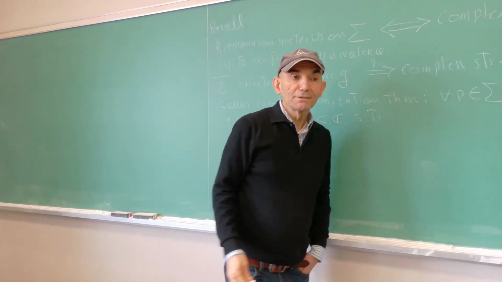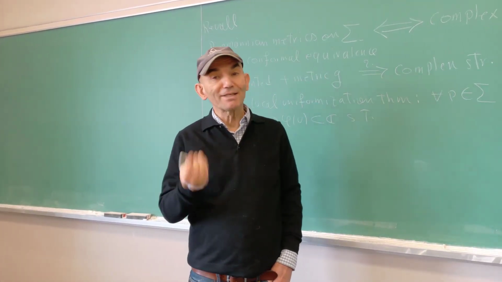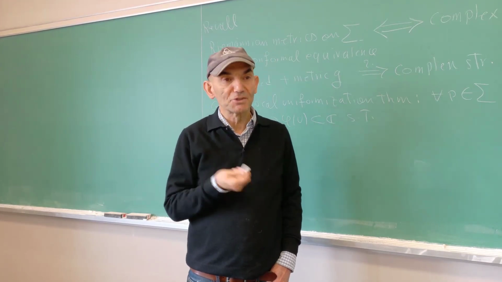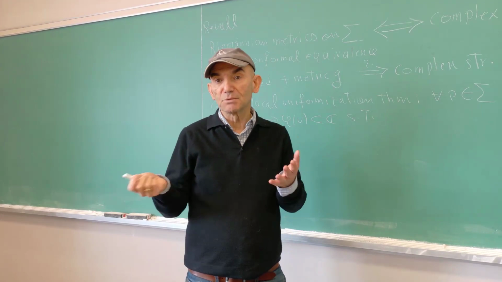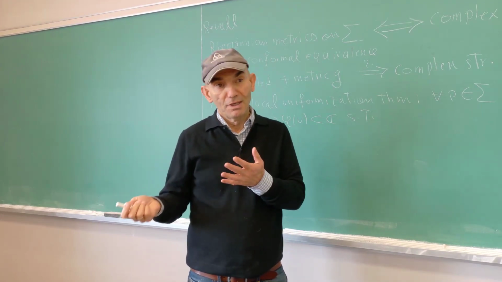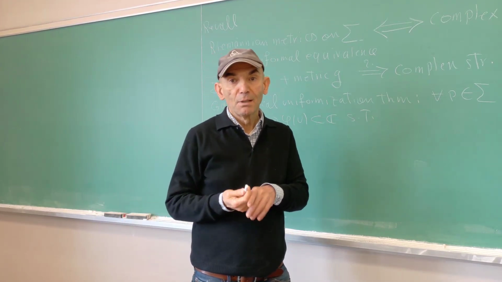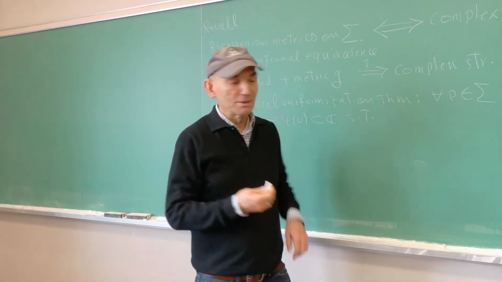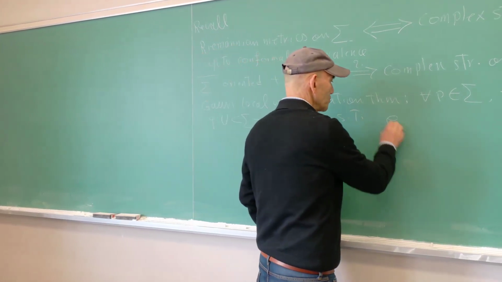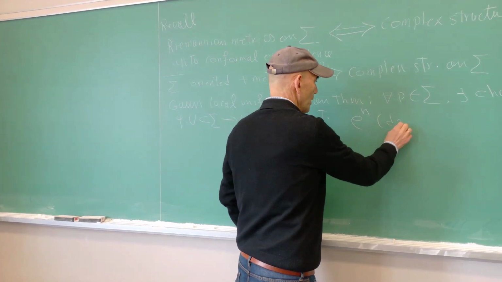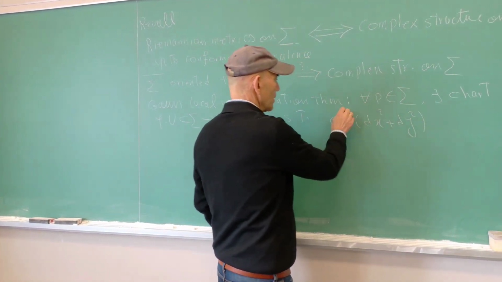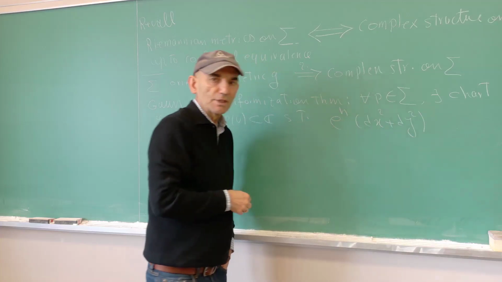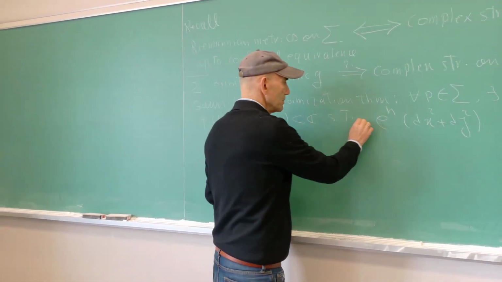in this coordinate, the metric has a very natural, very beautiful shape. Because the metric in general is g_mu-nu dx^mu dx^nu, it has 4 smooth coefficients, but it has only one parameter in these coordinates, which is e^h (dx squared plus dy squared). You can always arrange so that in that coordinate, the metric looks like this.